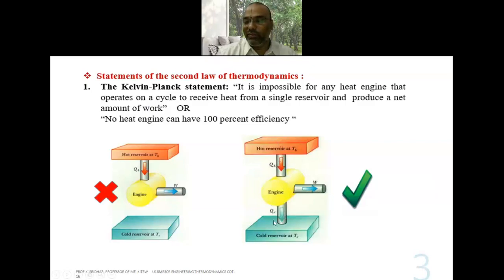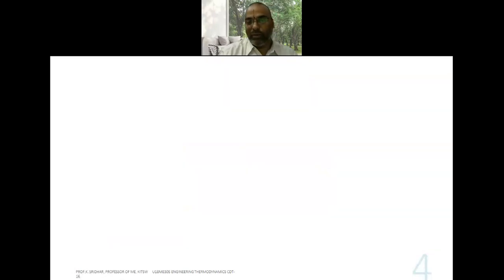So how can you estimate the work produced by the heat engine? W is equal to QH minus QC. The Kelvin-Planck statement says that we can never have 100% efficiency from a heat engine. The heat engine will work with a minimum of two thermal energy reservoirs, the source and sink. With only one thermal energy reservoir, it will not function. That is the statement given by Kelvin-Planck.